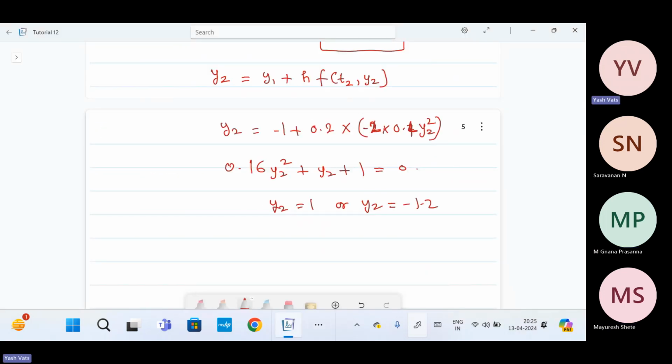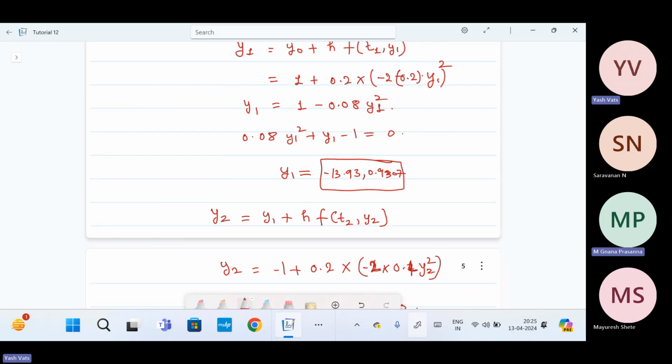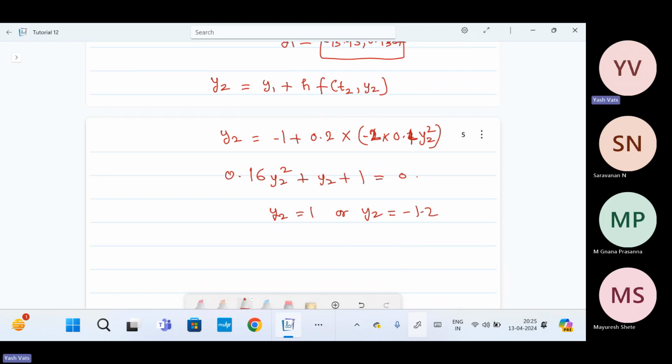So this method is more time consuming, right? Backward Euler method. Yes, sir. So use implicit methods for solving system of equations.